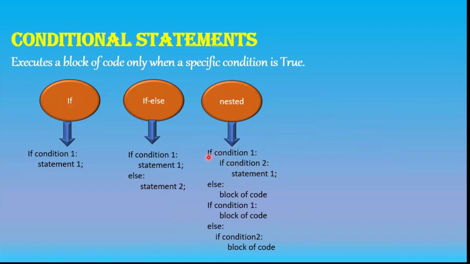If it fails in the first step itself, it will come here and execute the block of code written there and print that output. Next, it will come to this condition, if condition 1. If this condition 1 is true, it will execute this block of code and print whatever statement has been given. And if this condition has failed, it will come to the else part. And if this condition is true, it will print this statement. Clear? If not, a blank output will be given to us.